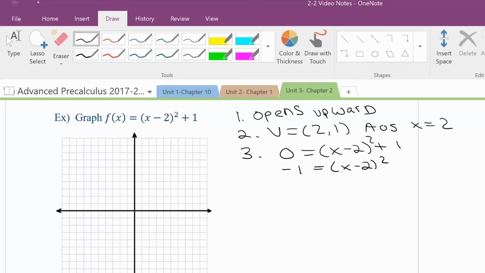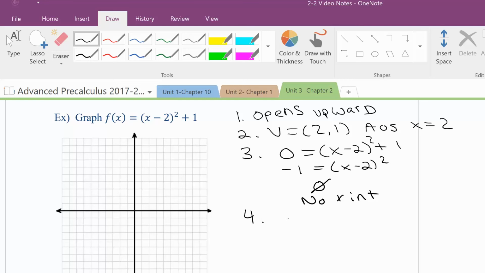Notice it's a squared and a negative, so that means that there's no solution here in the real number system, which means there's no x-intercept. And that makes sense. If the vertex is 2, 1 and it goes up, it's never going to touch the x-axis.